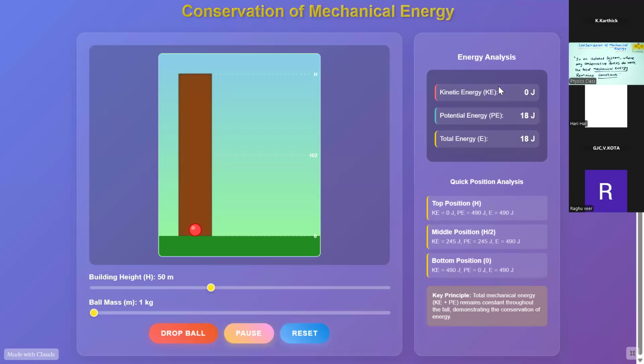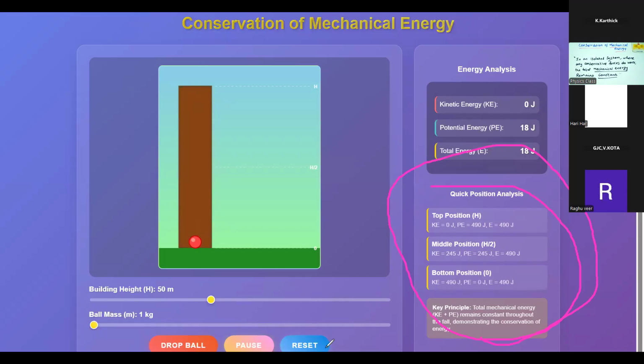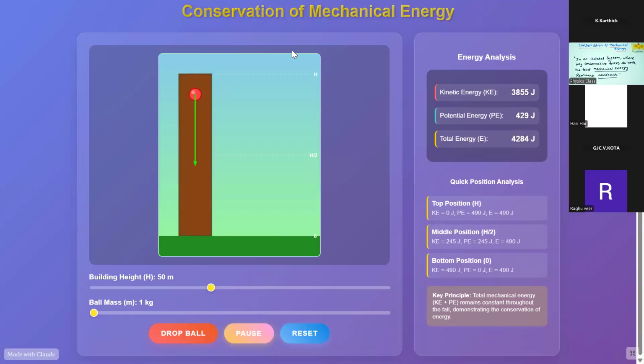Here, you can ignore the energy analysis, just consider this one. This is a very simple demonstration of the conservation of mechanical energy.